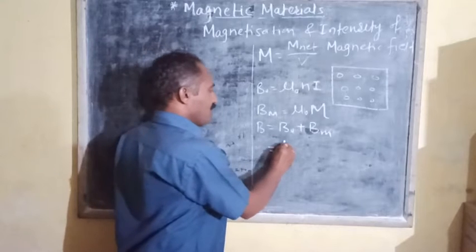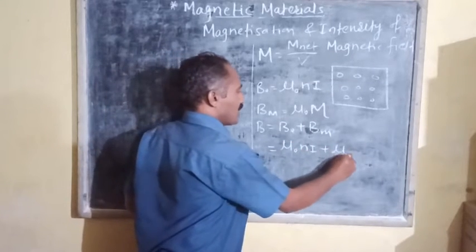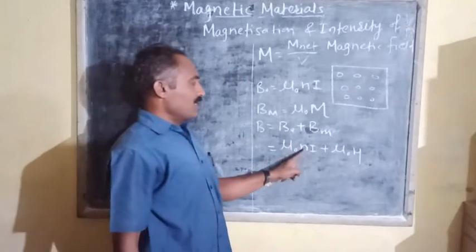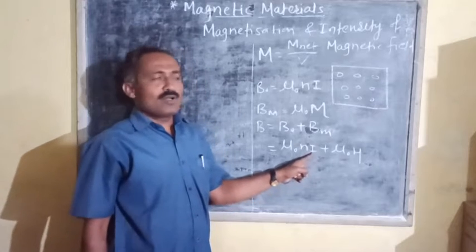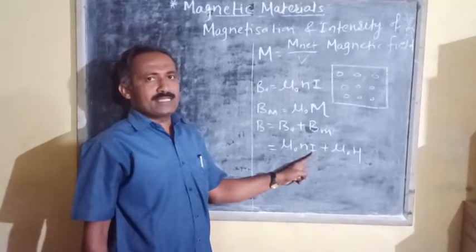Here we get mu 0 N i plus mu 0 M. But here the number of turns multiplied by the current flowing through the solenoid is called magnetic intensity.